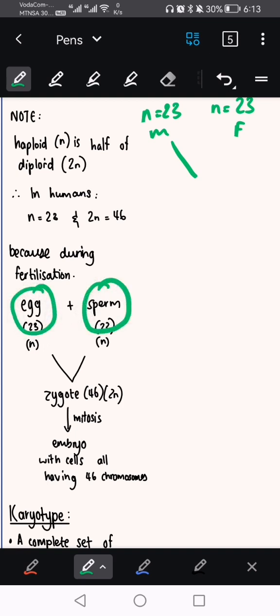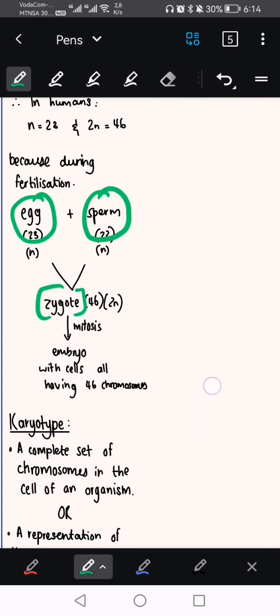When the acrosome of the sperm breaks the layers, which we will look at in human reproduction, N and N fuse to give you 2N, and 23 and 23 give you 46 to form that zygote. That is normally about 2 to 4 days after sexual intercourse, when the zygote forms.